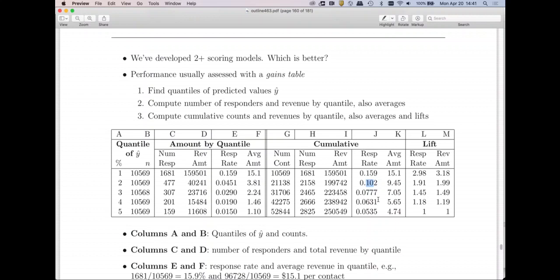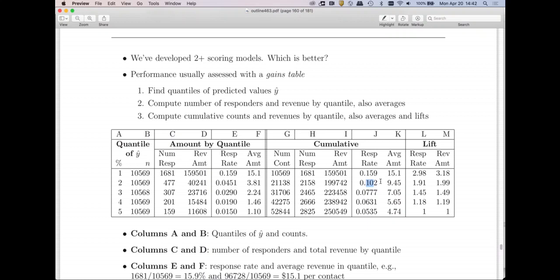Another way to think about that 10% is it's really just the average of these two response rates. Among the first quintile, I'm getting close to a 16% response rate. Among the second quintile, it drops to about 4.5%. The average of those two is about 10%. So 10% is about halfway between 4.5% and 16%. All right.